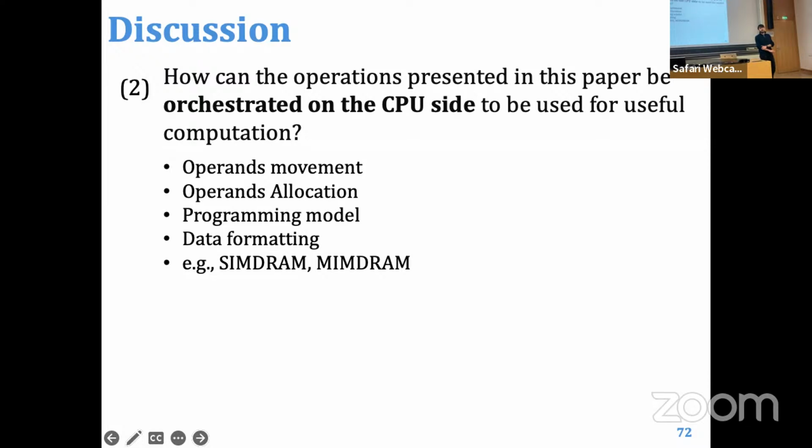Yes, and I have a follow-up question on that. Do you think you should integrate these operations in the SIMDRAM model, or do you think they require a different one? Because the operations used in SIMDRAM and MIMDRAM are a majority, and we have changes in DRAM. Should we integrate these operations inside the same architectures, or should we have a different one?